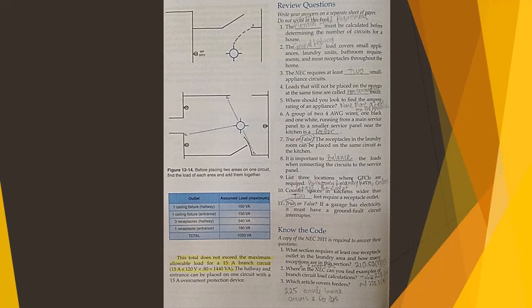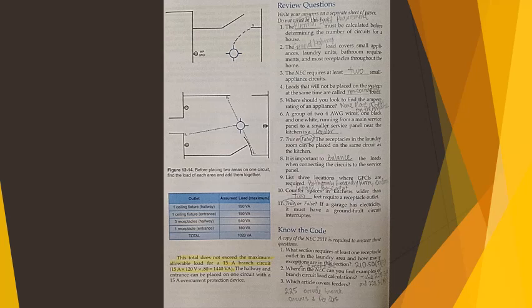That is a false statement. It is important to balance the loads when connecting the circuits to the service panel. List 3 locations where GFCIs are required. Those are bathrooms, laundry rooms, outdoors, or in garage and basement.